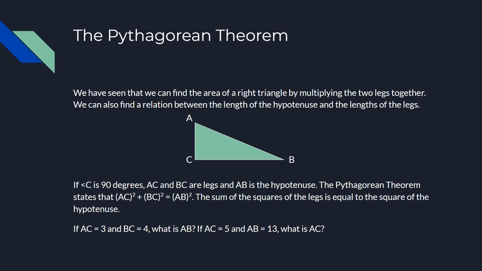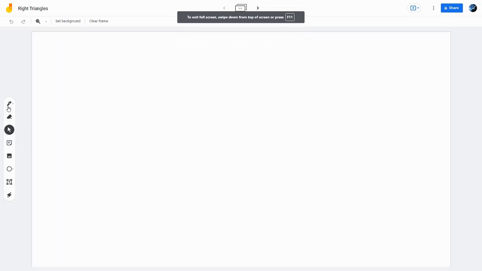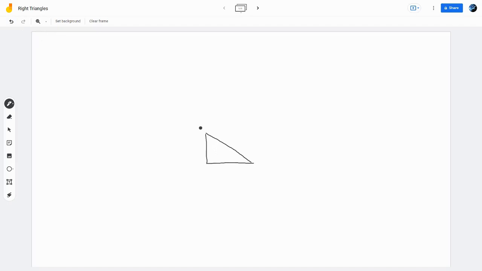So before we get into the problem, I just want to give you a nice visual. So let's have a nice proof of this right here. Let's say that we have our right triangle ABC as shown, and this is going to be a right angle right here.